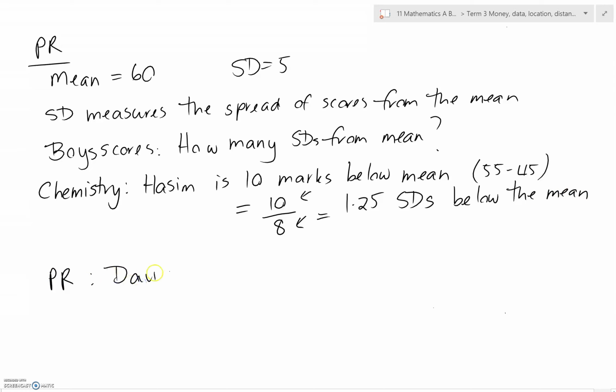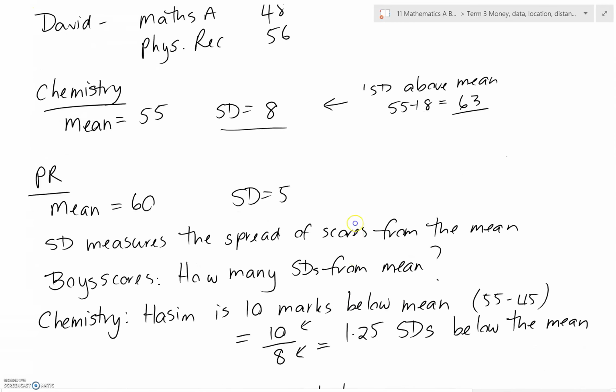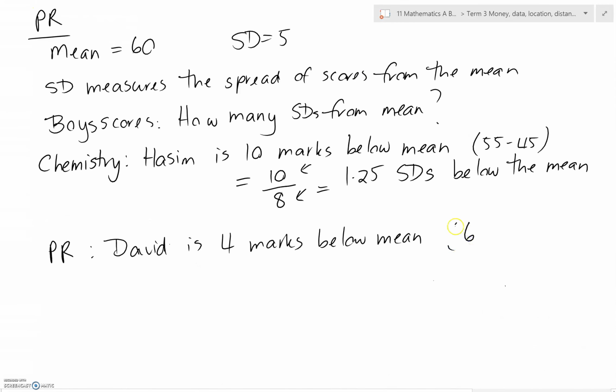So David, in this case, is only 4 marks below the mean. Now, where did that come from? Let's go back and look there too. So the mean in Physical Recreation is 60 and David got 56. So that is calculated by going 60 minus 56. And we're going to do the same thing we did here.